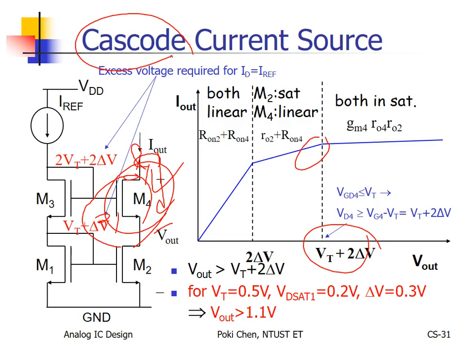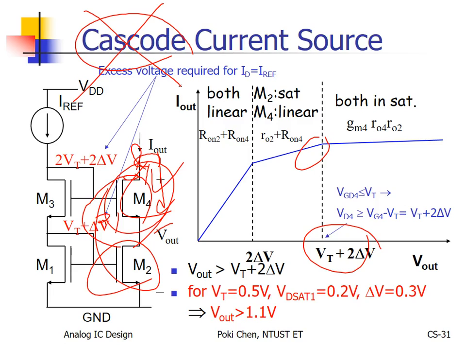Cascoding is only functional when all of them operate in saturation. If any one of them doesn't operate in saturation region, there is no cascoding at all. The cascoding mechanism is destroyed.